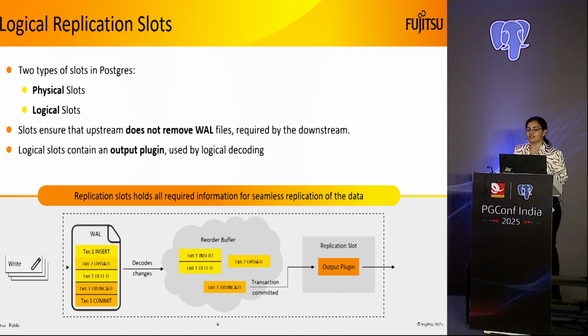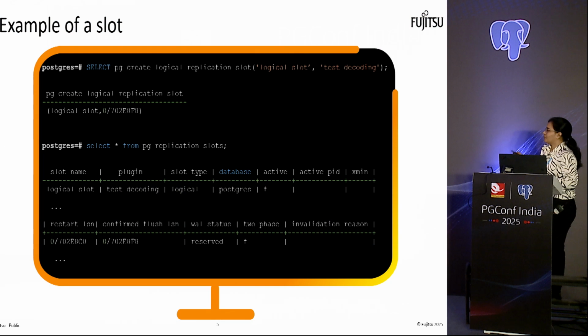As soon as it sees that a transaction is committed, it will send all the data related to that transaction to the output plugin, and then the output plugin will see, okay, T1 data is required by the subscriber, so it will transfer it to the subscriber node, and if some data is not required, then it will ignore that data. So in a way, the replication slot is the way to replicate the changes. It holds all the information required for replication. So we will see an actual example of a slot and what all information it holds.